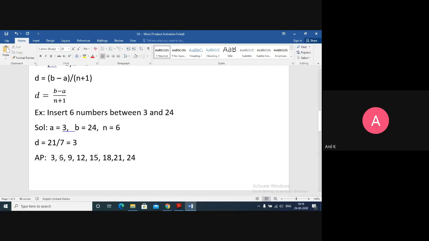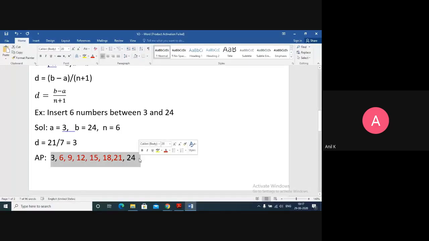You can count whether you were able to insert the 6 numbers. Between 3 and 24, I inserted 6 numbers: 6, 9, 12, 15, 18, 21. And this entire thing forms an AP.